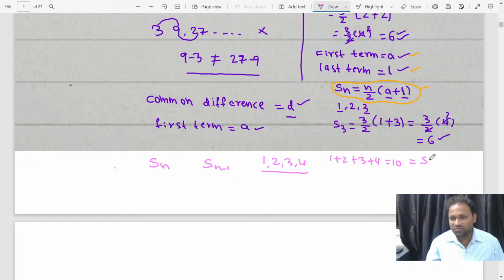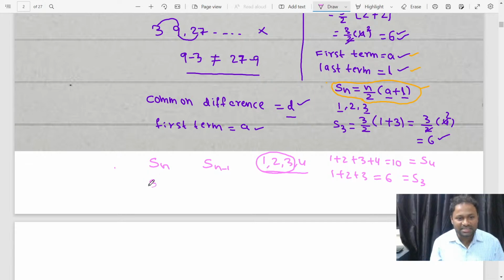This is S4. Sum of n minus 1 terms means I will take up to these three only. 1 plus 2 plus 3 is 3 plus 2 is 5, plus 1 is 6. This is S3.